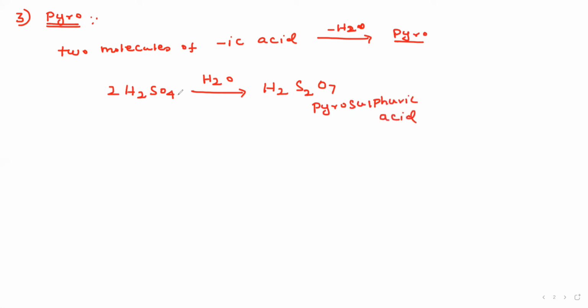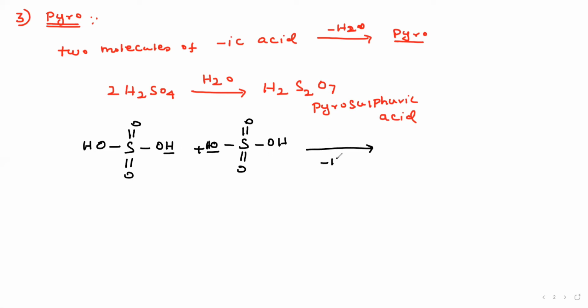Now, what is the structure? You know the sulfuric acid structure: double bond O and double bond O, then OH and OH. Take another sulfuric acid molecule: S, double bond O and double bond O, and OH and OH. Now remove the water molecule: OH from one, H from the other, so H2O is released.